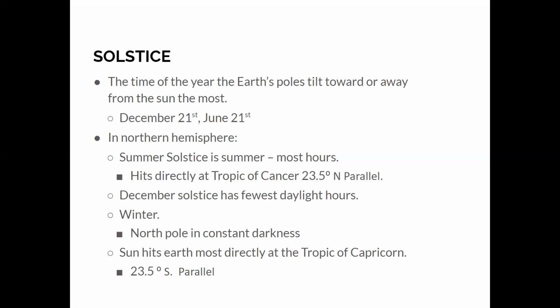During this time, right, during this December or winter solstice, the North Pole is in constant darkness. No light, okay? So again, the North Pole during that December solstice, right, December 21st, in constant darkness, all right?